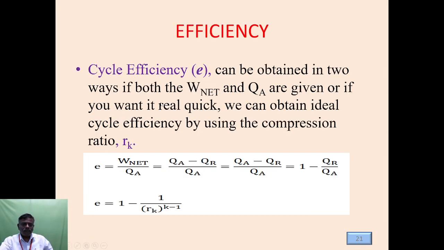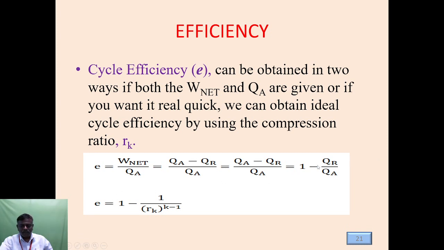We know efficiency equals net work done divided by heat supplied, so efficiency equals (heat supplied minus heat rejected) divided by heat supplied. Solving this equation, finally we get 1 minus QR by QA.